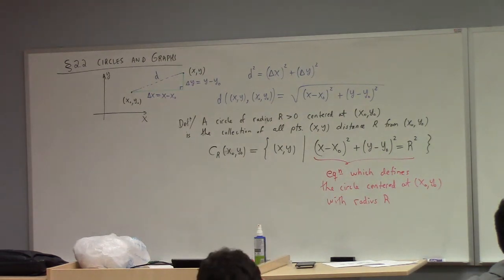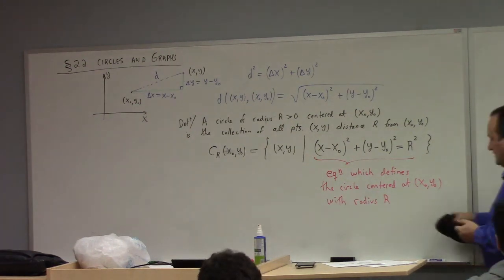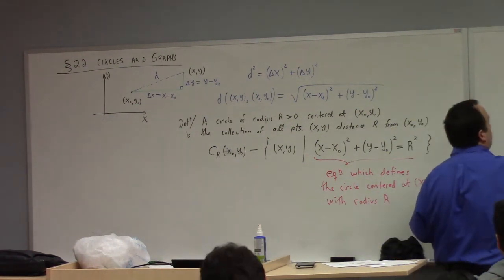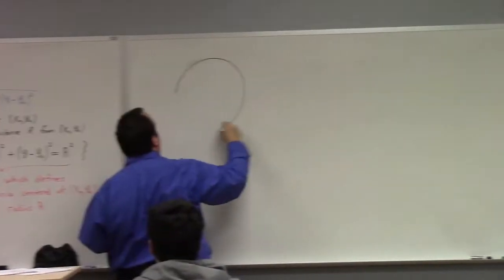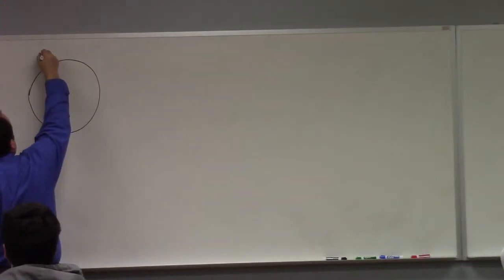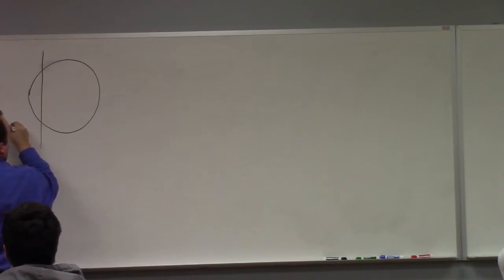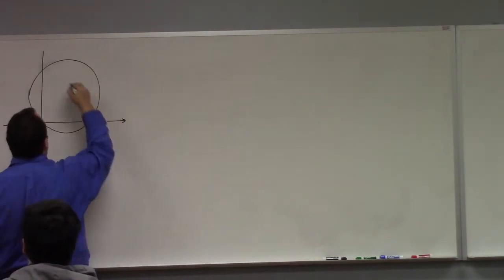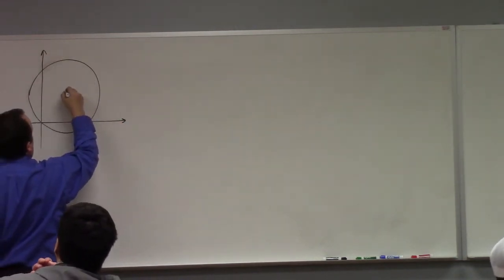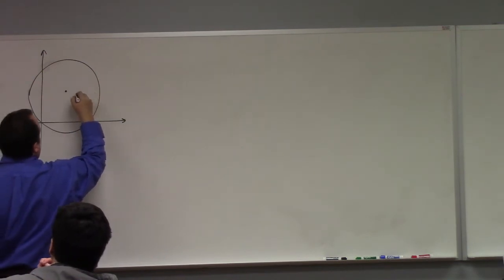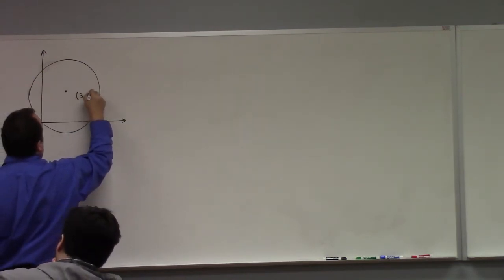So let's start with the geometry. I'll start with one where I draw you a picture of the circle and I ask you to find its equation. Here's the circle. So the center, I don't know, looks like maybe 3, 4.